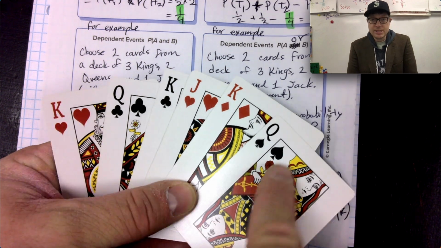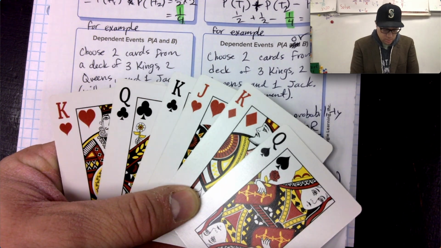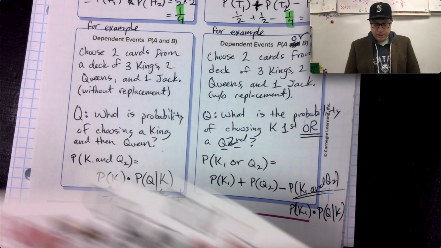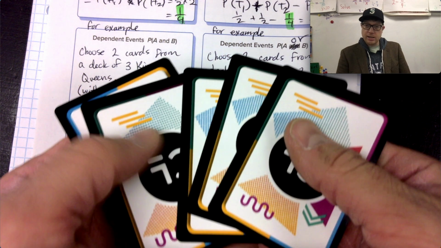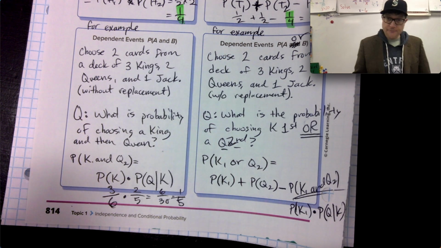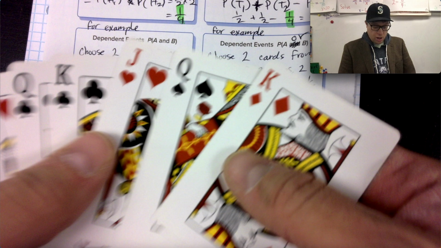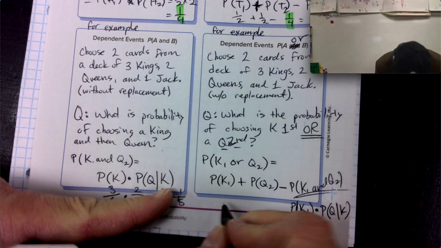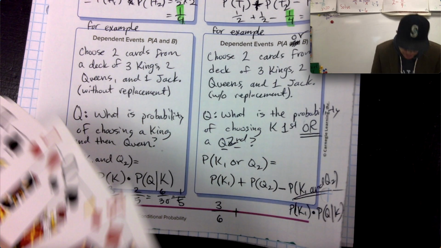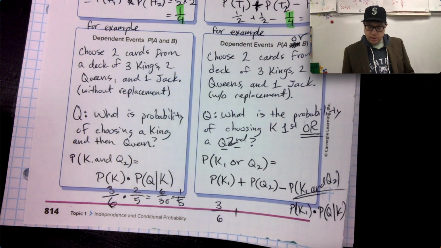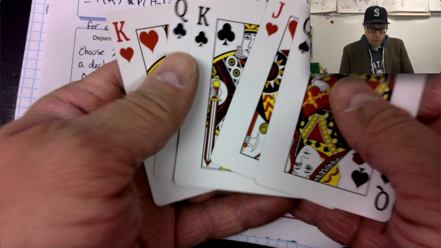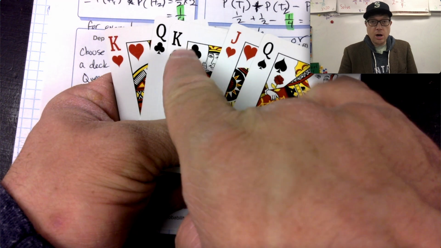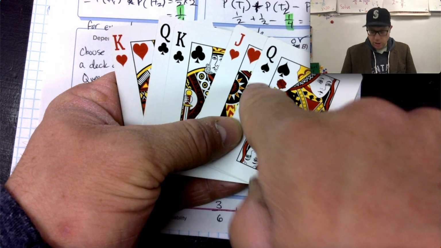Well, in this deck, how many kings are possible? 3 of them. Drawing a king first reduces the number of cards in the deck to 5. But the first choice, the probability of drawing a king first, is 3 out of 6. So then now that that card is gone, we have 5 cards left. A king was drawn first. There are 2 queens for 5 cards.